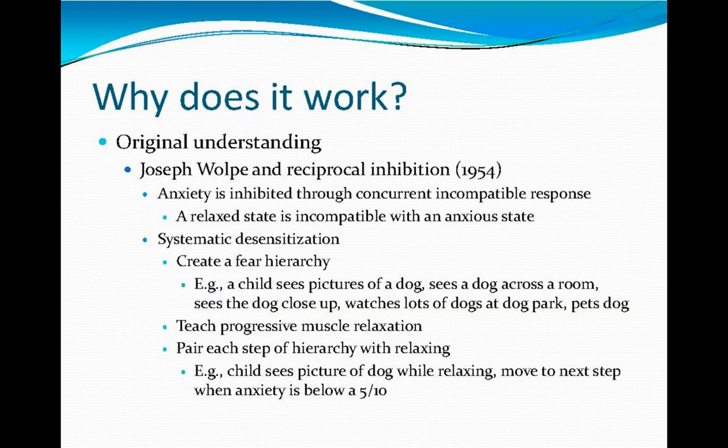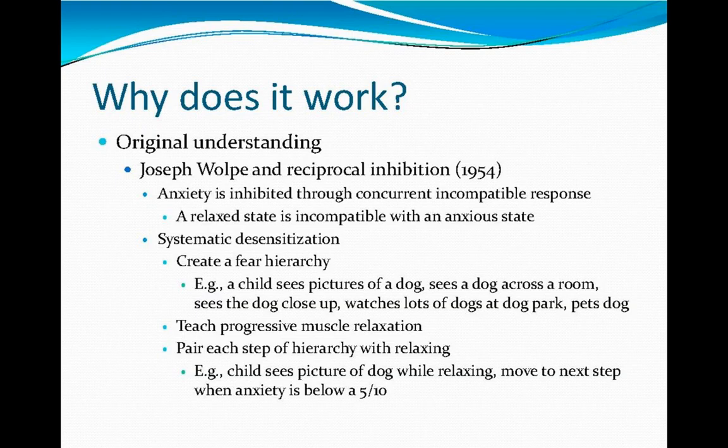Then you teach progressive muscle relaxation. You teach the child how to relax his or her body, how to relax different muscle groups. And then, one step at a time, you pair progressive muscle relaxation with that step. So you'd have the child seeing pictures of the dog and going through that progressive muscle relaxation.